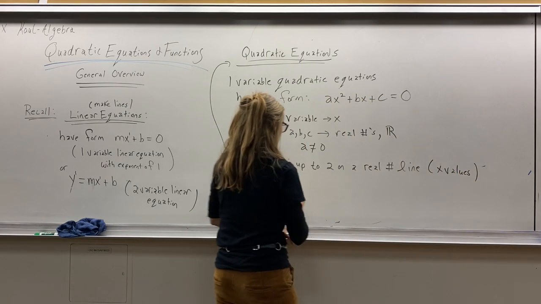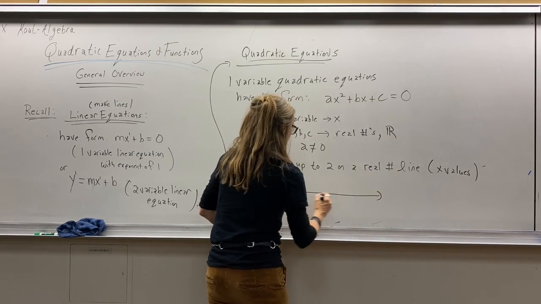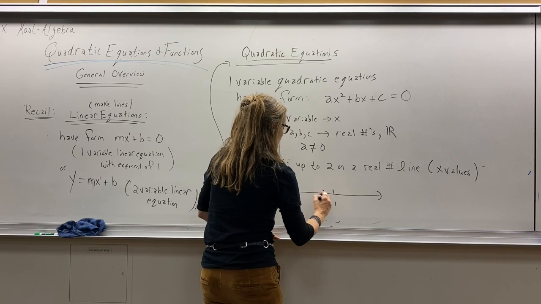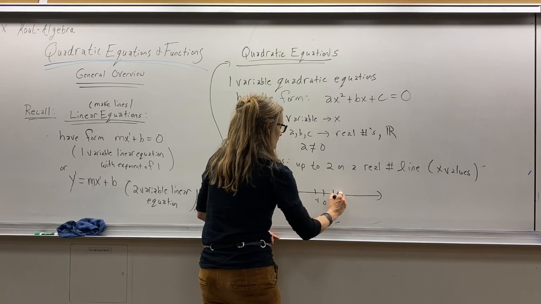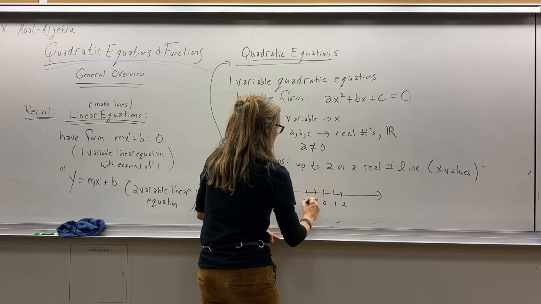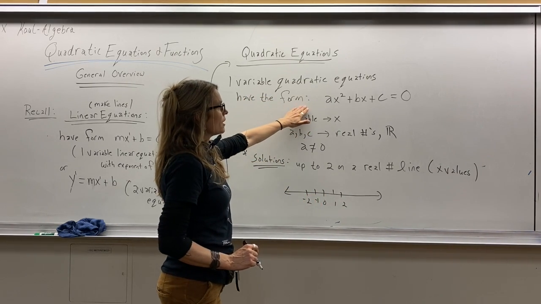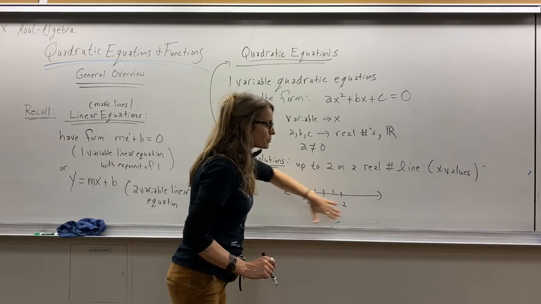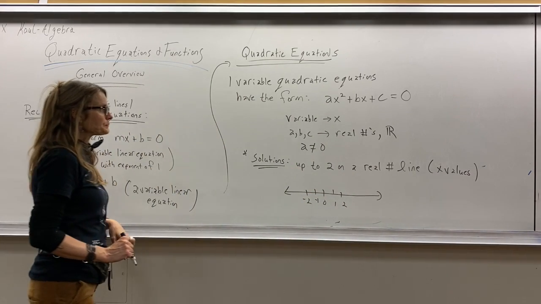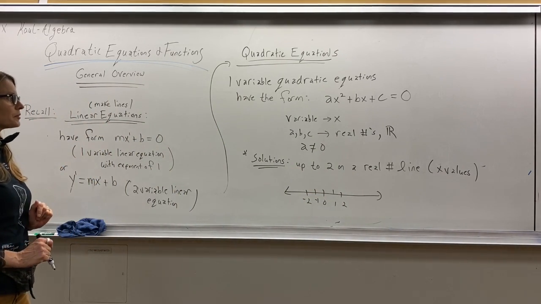We can take our real number line and break it up into negatives and positives, and whichever quadratic equation we solve in one variable, we could plot the solutions on a number line. So that's what happens with one variable.